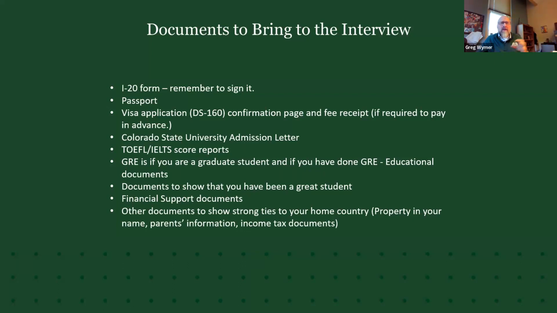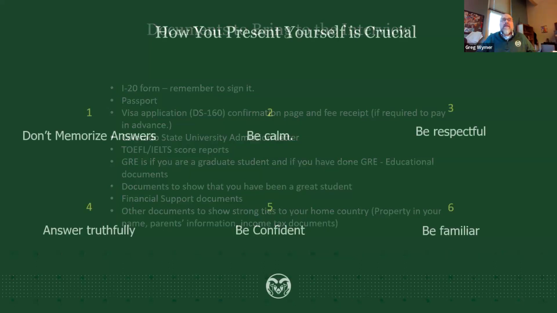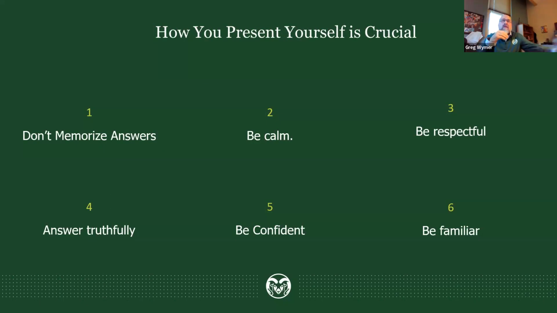In other screens, we'll talk about the process being a little bit more subjective than objective. But on the next screen, what we want to tell you is that how you present yourself is crucial. So one, don't memorize your answers. They don't want to feel like when they're asking you questions that you're just repeating a memorized answer. I'm giving you a presentation right now, and I'm trying to be conversational, have a conversation with you.